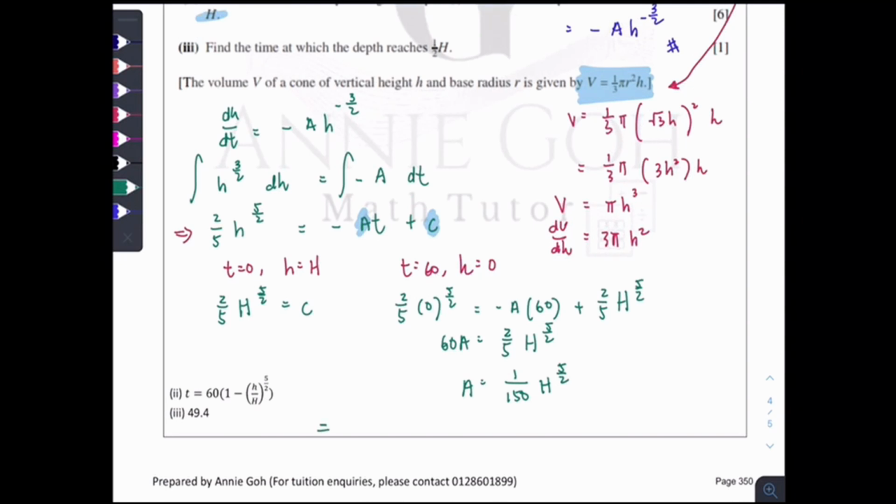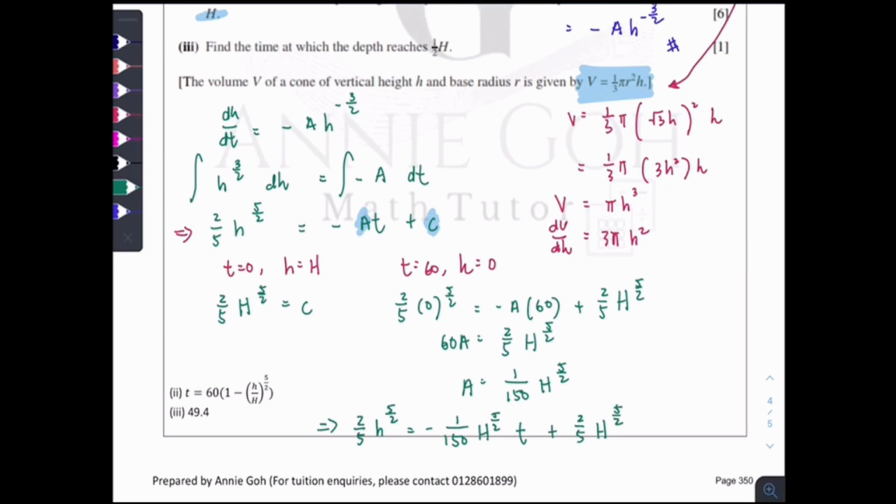So the final answer will be 2 over 5 h power 5 over 2 equals negative a, which is negative 1 over 150 h power 5 over 2, times t, plus c, which is 2 over 5 h power 5 over 2.